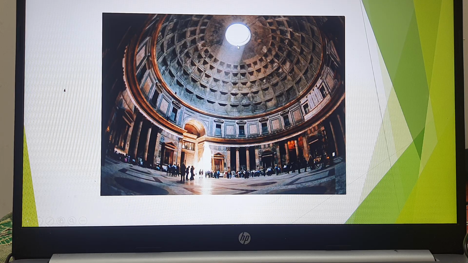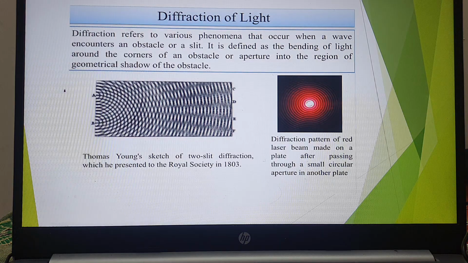Here the sunlight, our natural light source, the sun, appears into the hall with bending of light. Here we can observe the bending of light through the diffraction phenomenon.